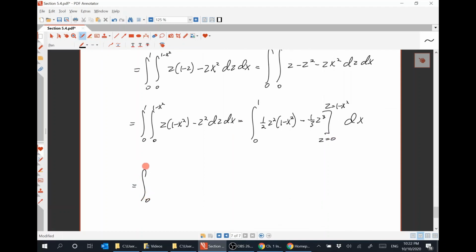So we've got the integral from 0 to 1, 1 half, 1 minus x squared times 1 minus x squared. And then at 0 you get 0 minus 1/3, 1 minus x squared to the third dx.